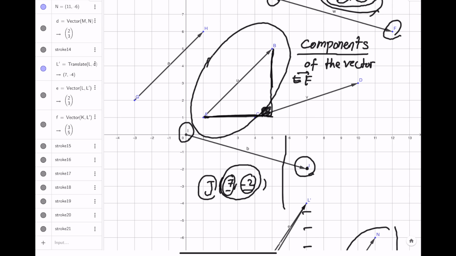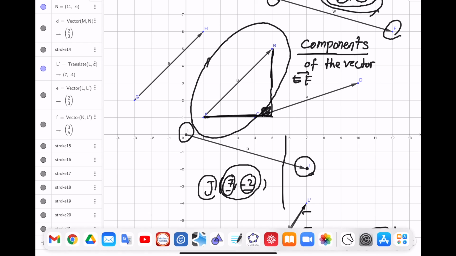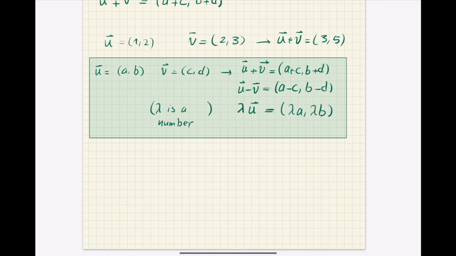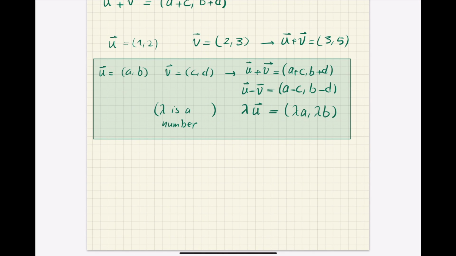Yes? So now, if you understand what is going on, can you tell me how should I write a formula here? If u is this vector with components a and b, then the norm of u is equal to, can you write a formula for me? Yes? Norm of a plus, is it norm of a to the 2 times norm of b to the 2?